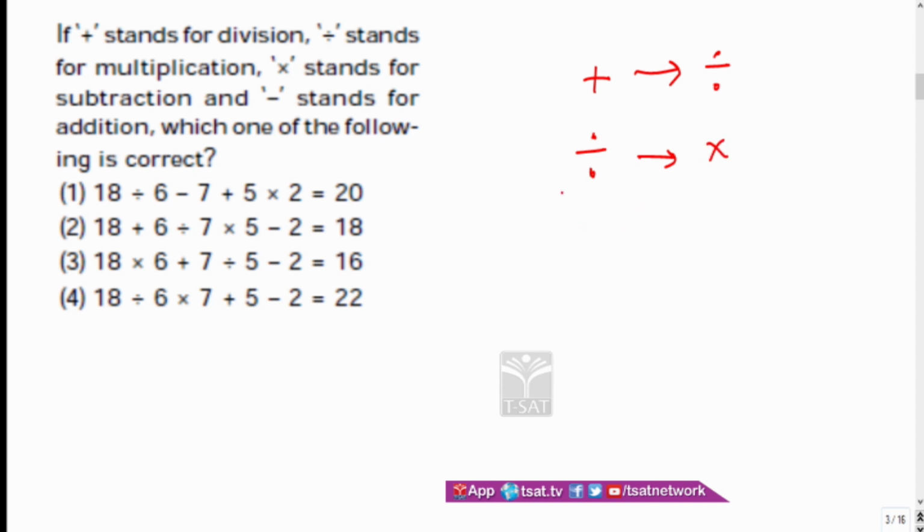In the same way, multiplication stands for subtraction. So multiplication now stands for subtraction. In the same way, subtraction stands for addition. So minus stands for addition. So wherever you see these symbols, you have to replace them with the other symbols, and you have to perform the operation. That is the reason they are called symbolic operations.